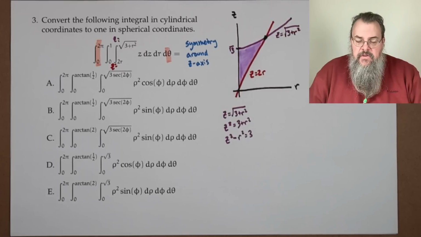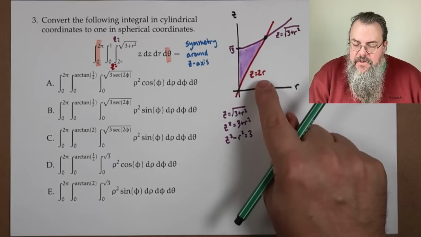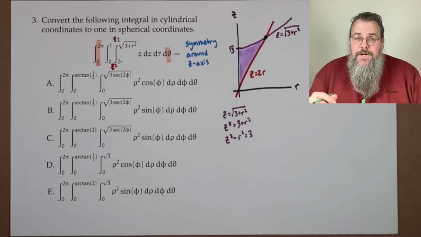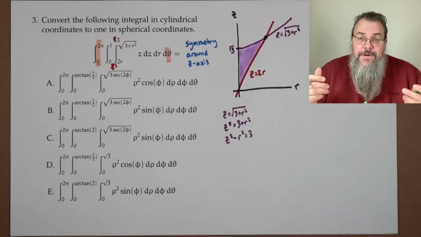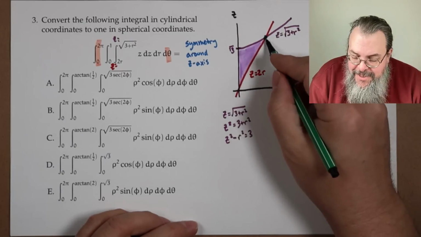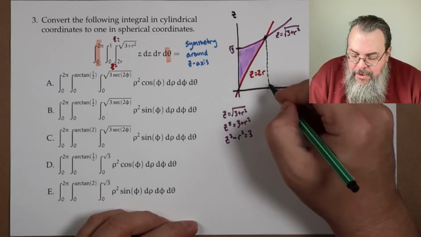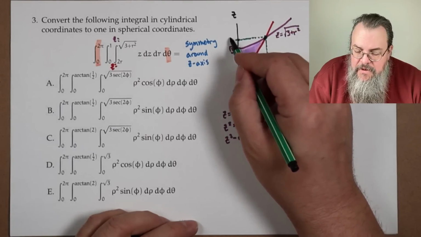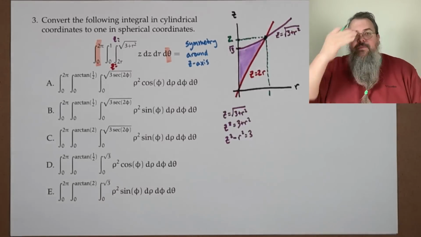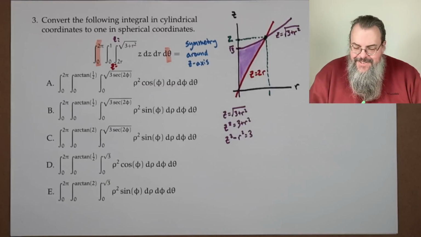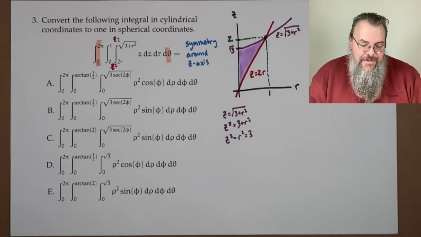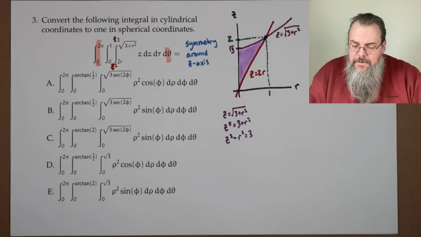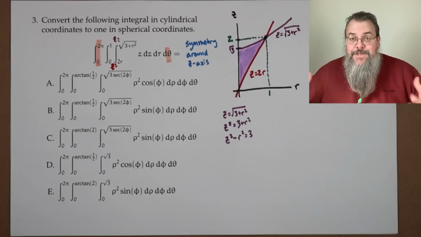Okay, so plug in R equals 1. 2 times 1, 2. Square root of 3 plus 1, square root of 4, 2. So, good news, when you plug in 1, they both produce the same value of 2. Phew! Good, that's great news for us. All right, well, now we have a pretty good idea of what our region will look like.